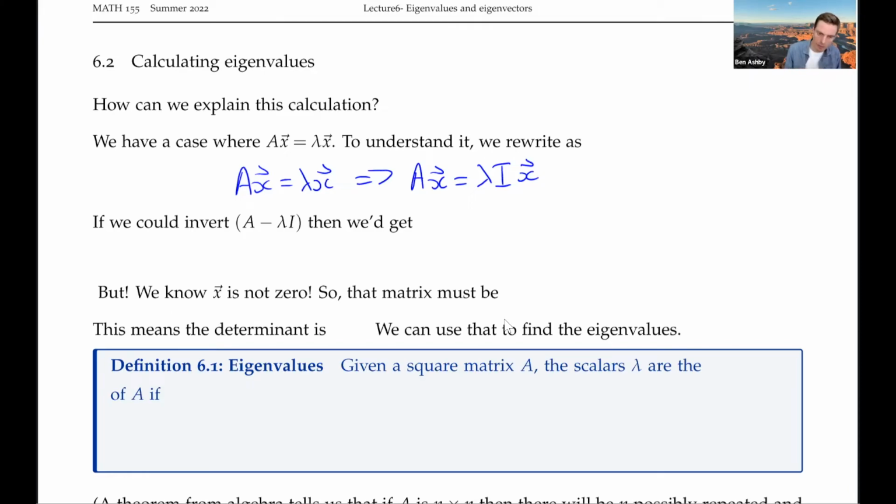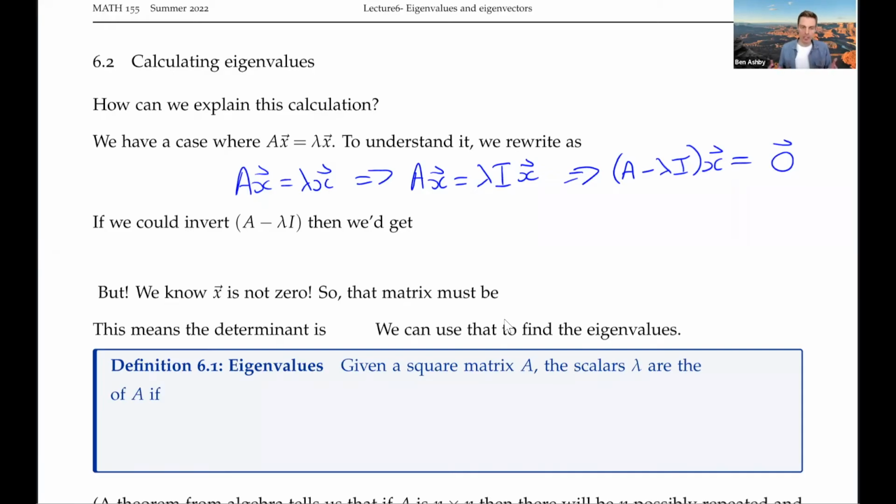Then we can rearrange this. We can take what's on the right-hand side away from both sides, and then do some factoring. And we end up with A minus lambda I times x is equal to the 0 vector.